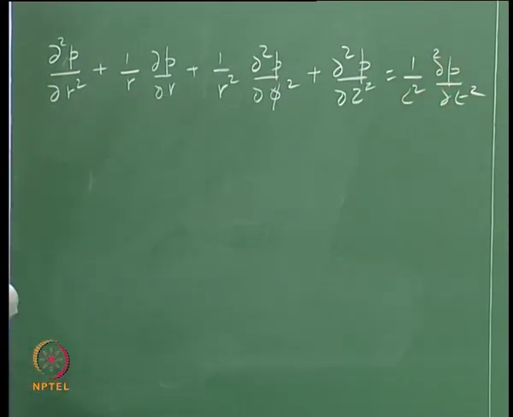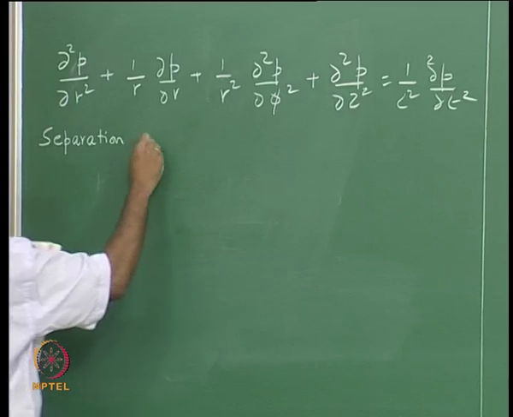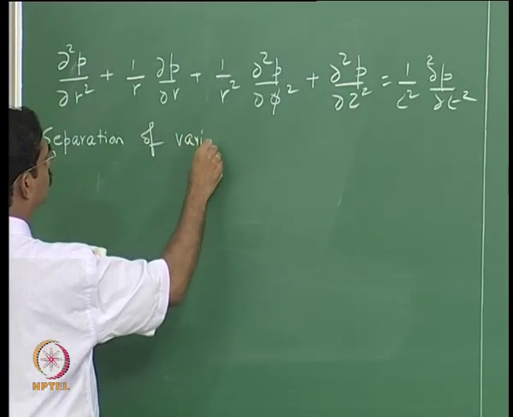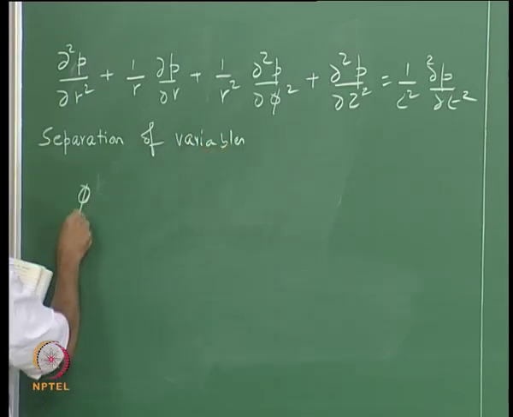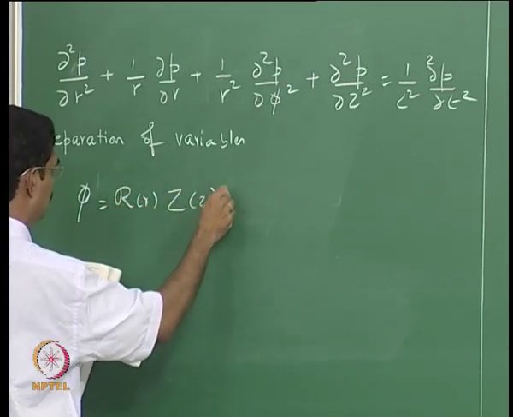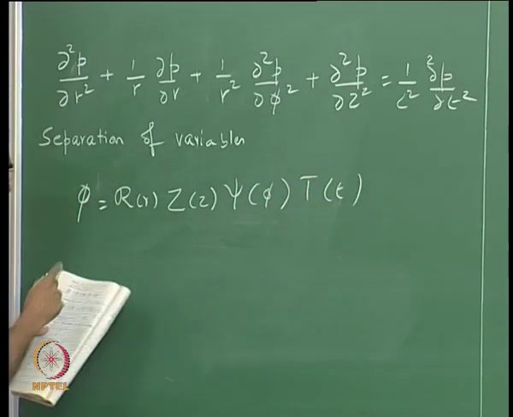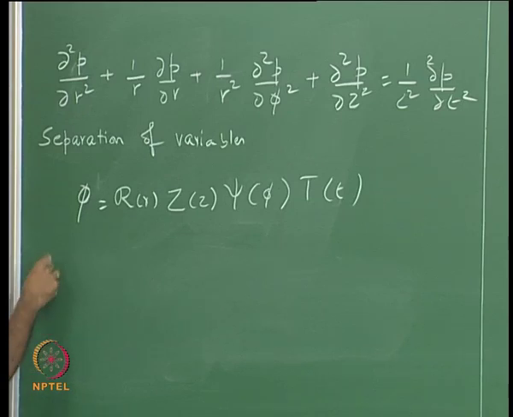Now this is the wave equation in cylindrical coordinates, or what is called cylindrical polar. We can do separation of variables. So we can say phi equal to R of r times Z of z times. So if you do this and work out the algebra, I will write the final result.